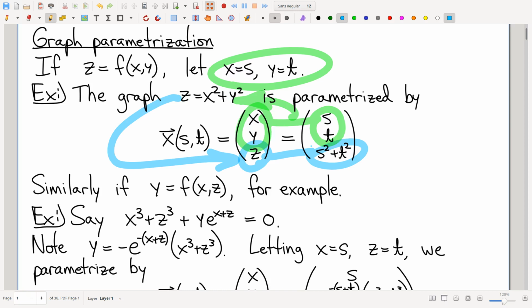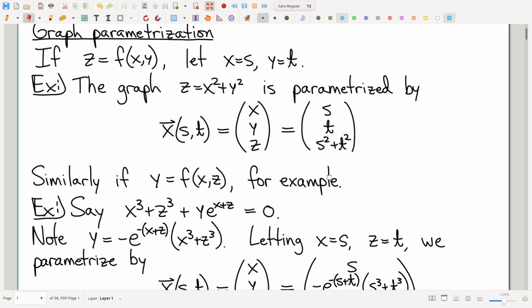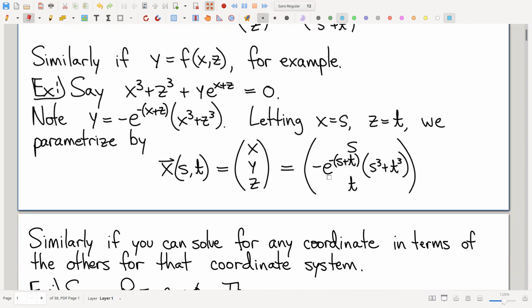Again, it's all follow your nose after you make this one initial, very important, very clever choice: let your parameters be the input variables to the function whose graph you're looking at. Okay. All right. So strongly analogous. Now, again, it doesn't really matter which variables are playing what role. You'll notice here, for example, that this is a kind of a graph.